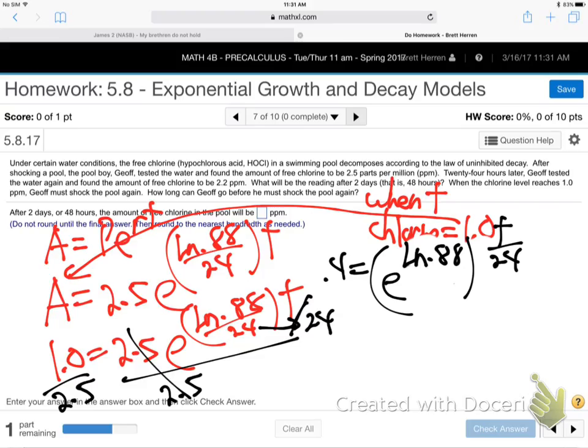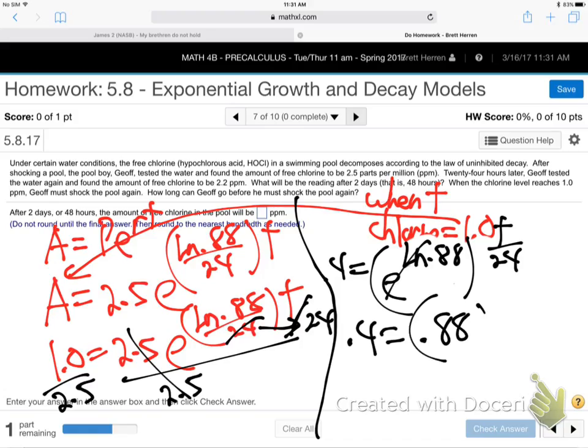And then the e and the ln cancel, and it's 0.88 to the t over 24. Remember that? I think that'll make it easier. And we're trying to solve for T there.